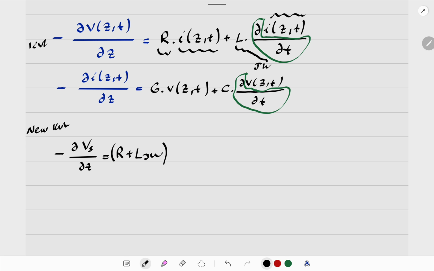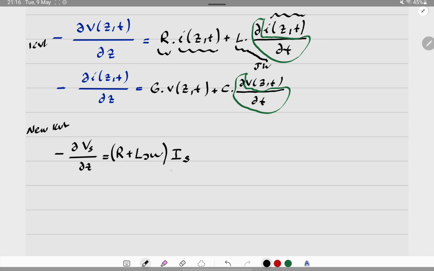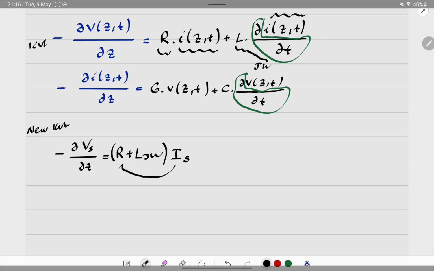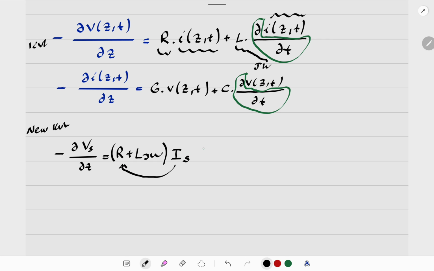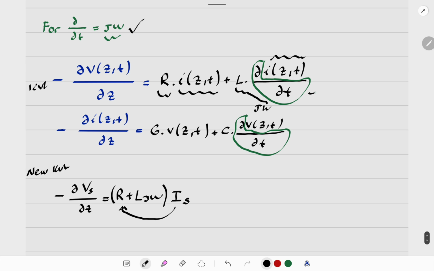See, and out of the parentheses, you see that I remained. You can simply go back to the same operation if you distribute it on R and L times j omega. You see, we go to the same approach here, and don't get confused.